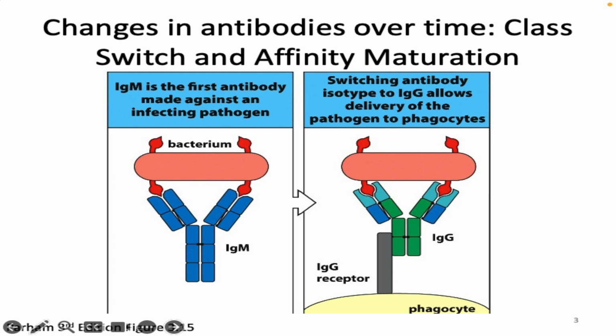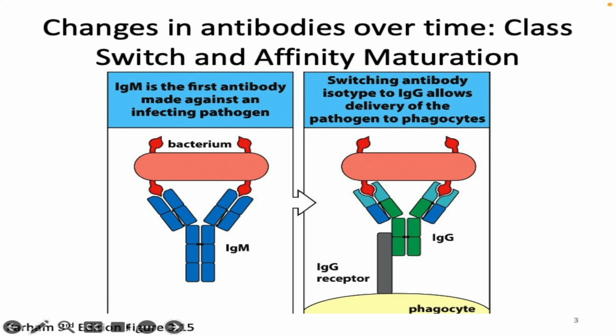When we get into some of the molecular details of how this works at the level of the gene encoding the antibody, I will talk more about mechanistically how these things happen. Right now, I just want you to know that, yes, it does happen.